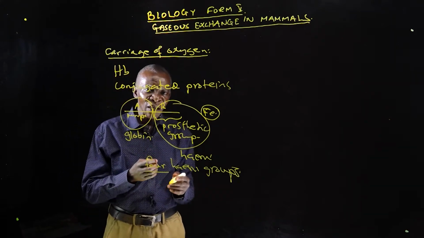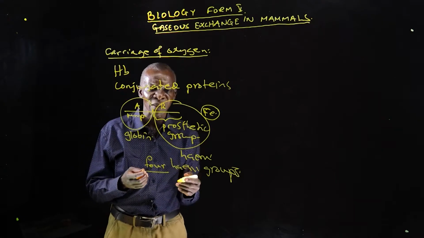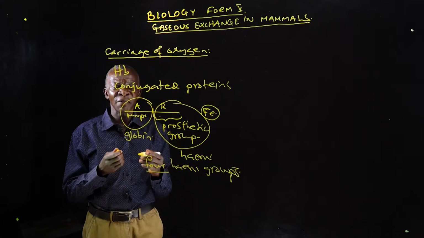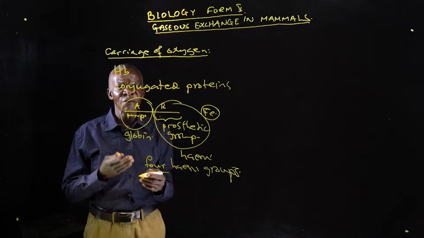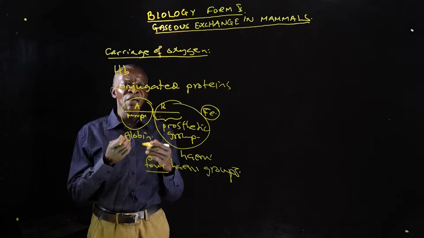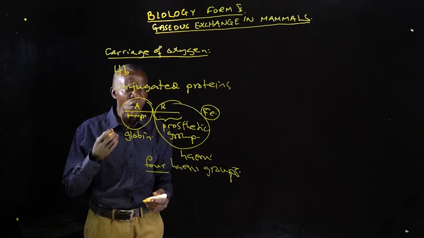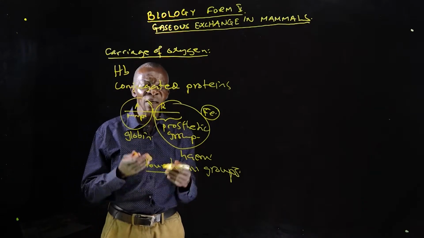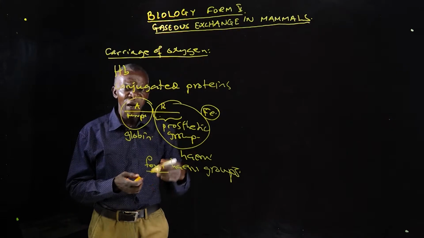The adaptation that hemoglobin has in transporting respiratory gases is that it has an affinity for these gases. It has an affinity for oxygen, but this affinity may change according to the concentration, the partial pressure or tension of the gas we have at hand, be it oxygen or carbon dioxide, as we are going to see.